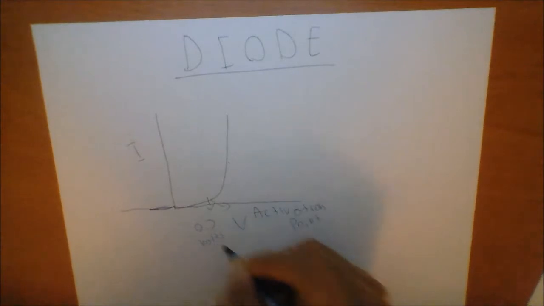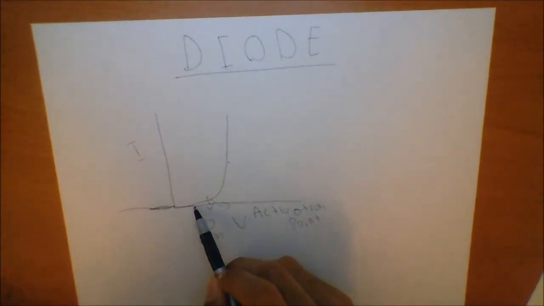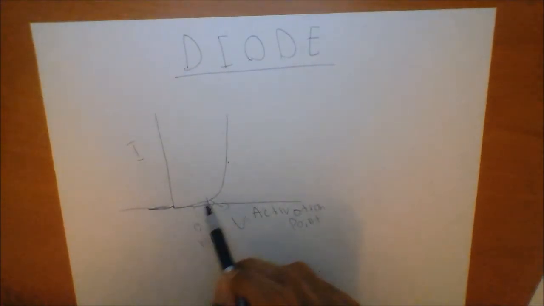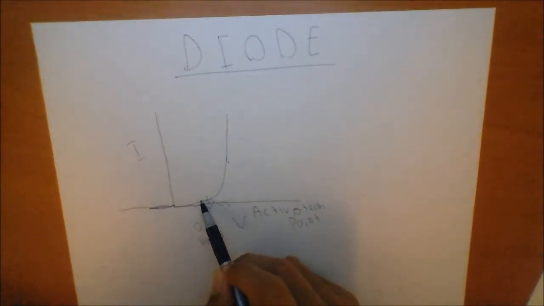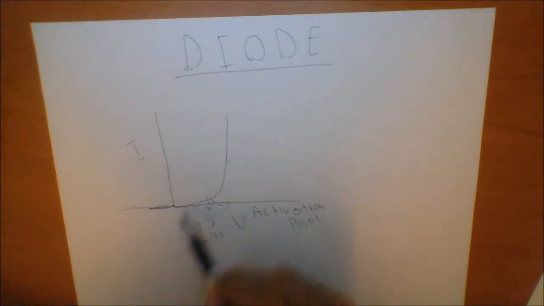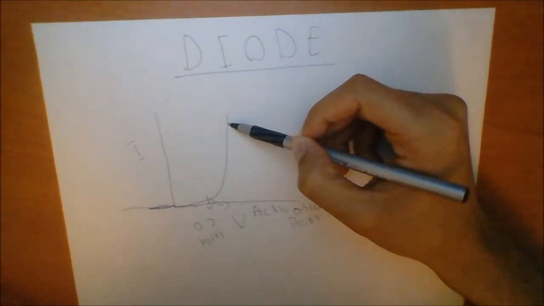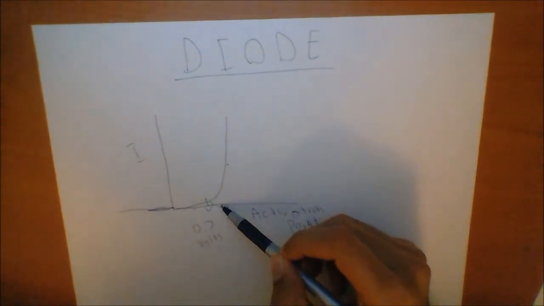So as you can see, before the activation point, apply as much voltage as you want, as long as it's lower than 0.7, and the current will always be zero. After the activation point, you can apply as much current as you want, but the voltage will stay at 0.7.